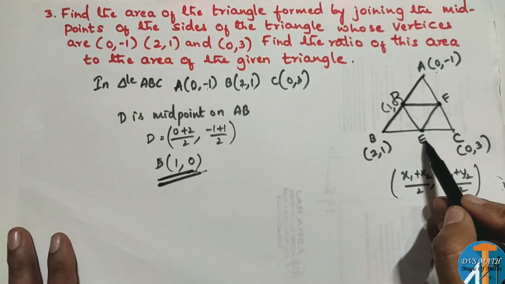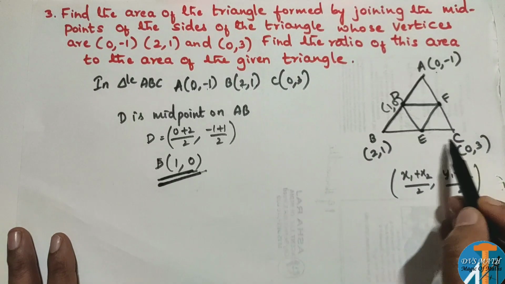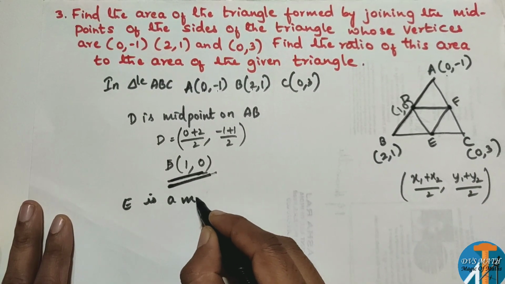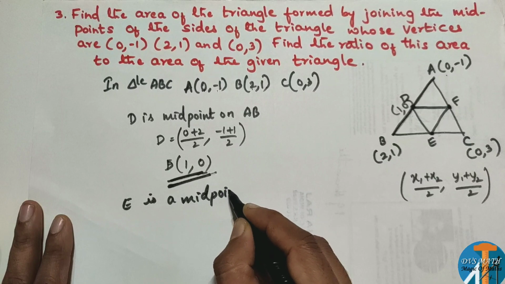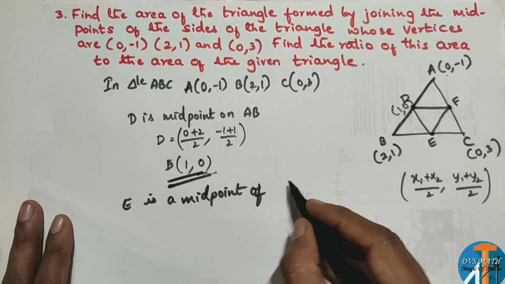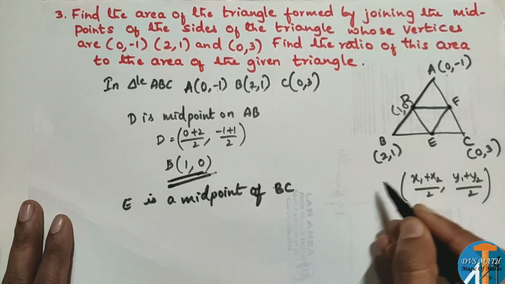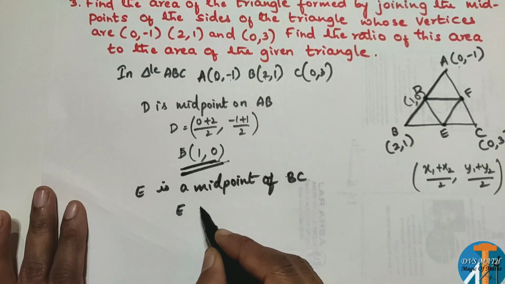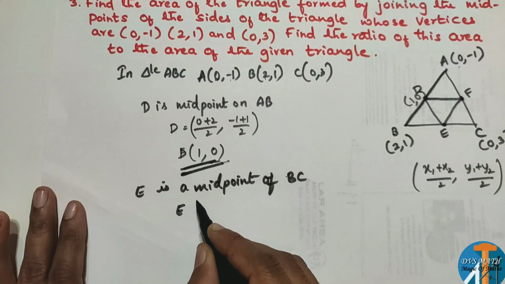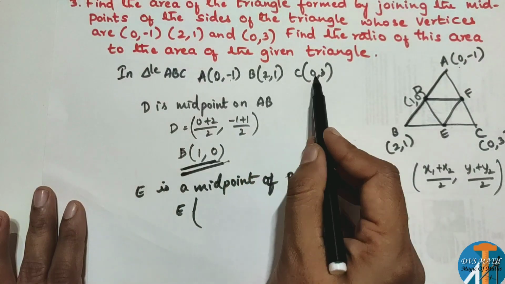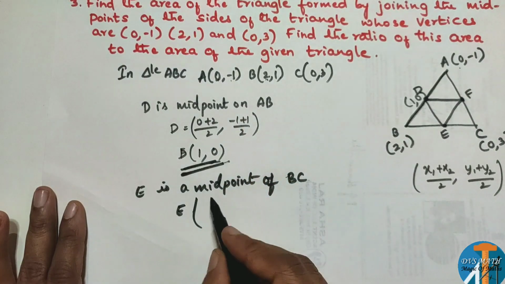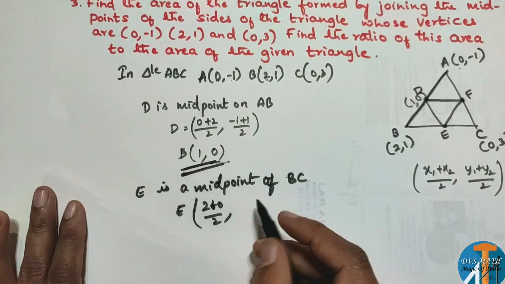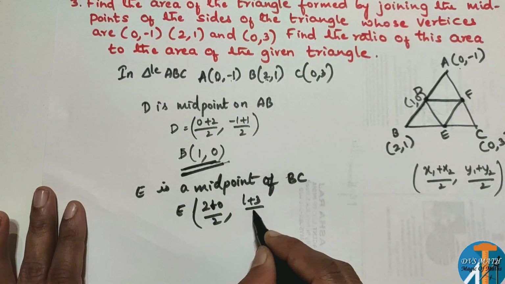Now let us find E. E is the midpoint of BC. So you have to find the E coordinate. That is, BC means 2 plus 0 by 2 comma 1 plus 3 by 2.